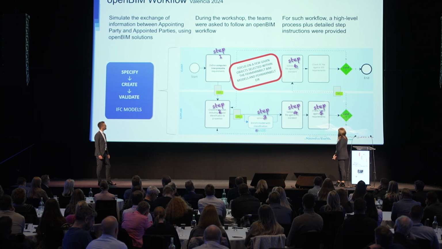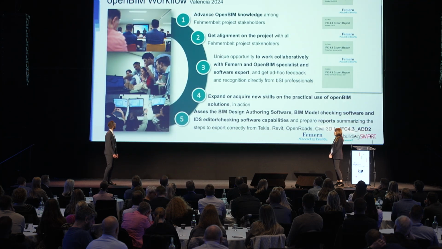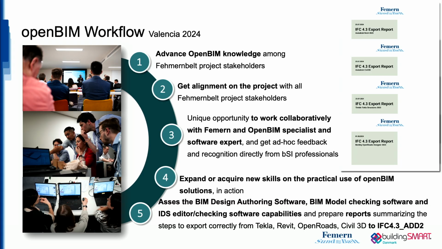The aim of the workshop and the main takeaways was that we created a very collaborative environment between us as a client and our contractor, enhancing the knowledge of our contractor on the open BIM standard, and getting an alignment on the project between all the Fehmarn stakeholders.